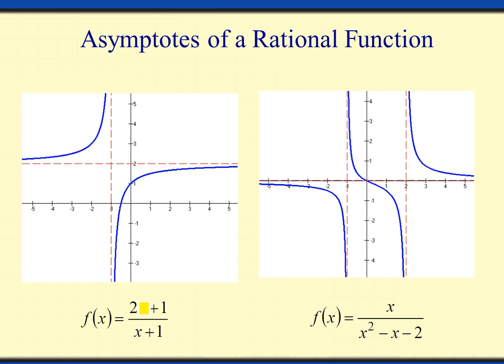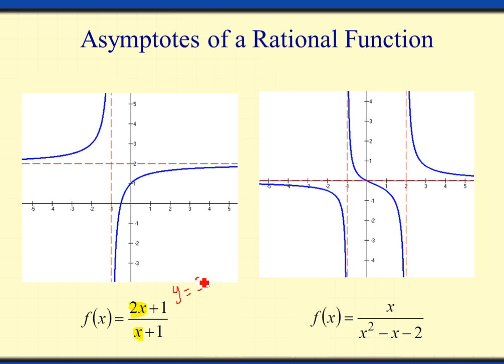Okay. Now, look at this first function. The degree of the numerator is the power of x there, which is 1. And the degree of the denominator is the power of x here, which is 1. So the degrees are the same. Well, remember, when the degrees are the same, then the horizontal asymptote is given by the line y equal leading coefficient divided by leading coefficient.